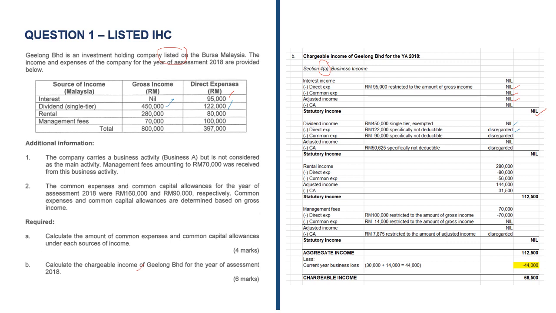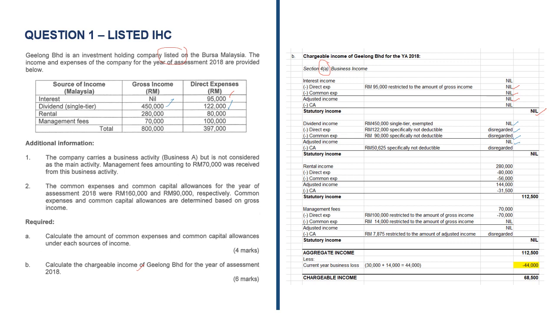Minus common expenses, kita tadi dah apportion common expenses ada 90,000. However, dia berkaitan dengan dividend, therefore it is specifically not deductible. Kita akan disregard juga.